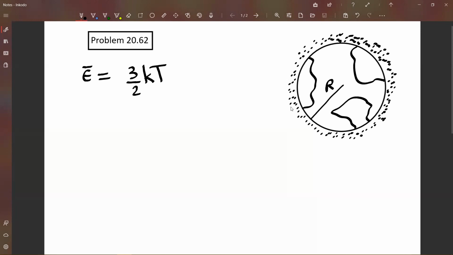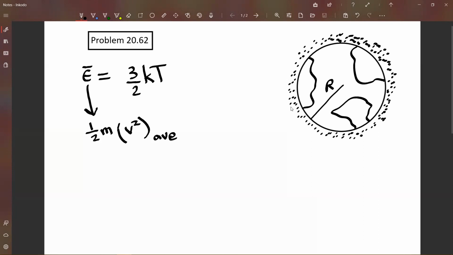And another way of writing the average translational kinetic energy here, not rotational, translational, would be 1/2 times the mass of the particle, so lowercase m is the mass of the particle, times, and I'm being very careful here to enclose v squared in parentheses, the average squared speed.